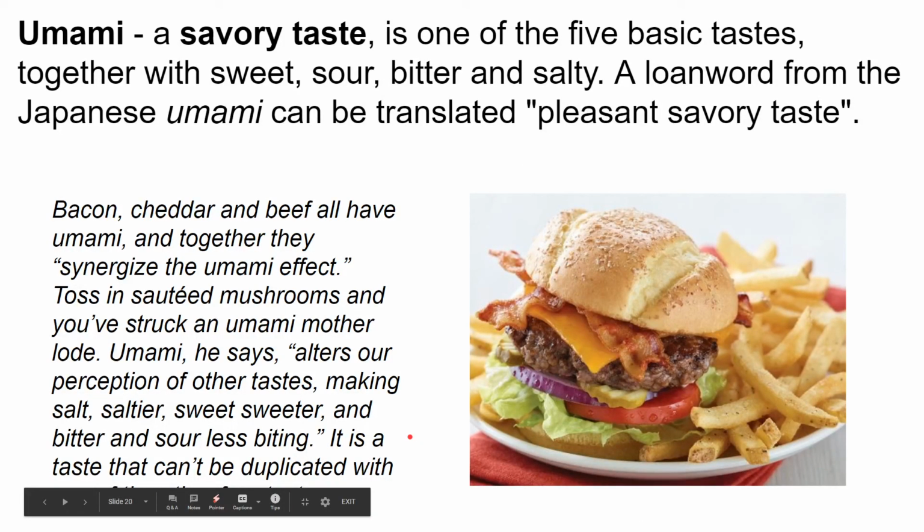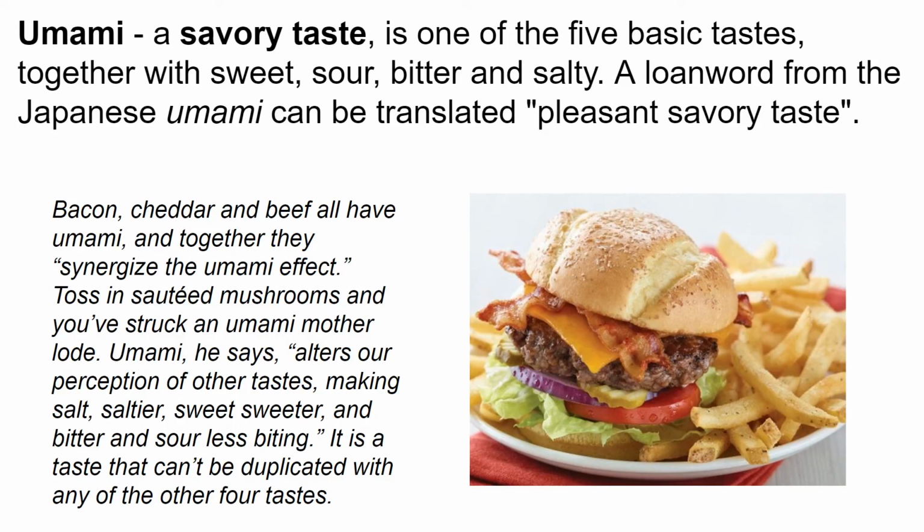So umami is probably the one you haven't really heard of. It's a savory taste. It's one of the 5 basic tastes together with the sweet, sour, bitter, and salty. We actually pull the word umami from the Japanese, and it can be translated to a pleasant, savory taste. So a good example of umami is a bacon cheddar cheeseburger.